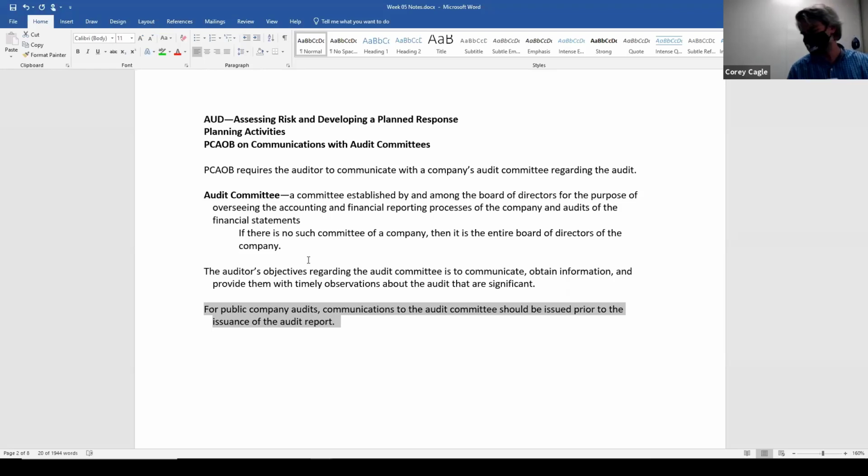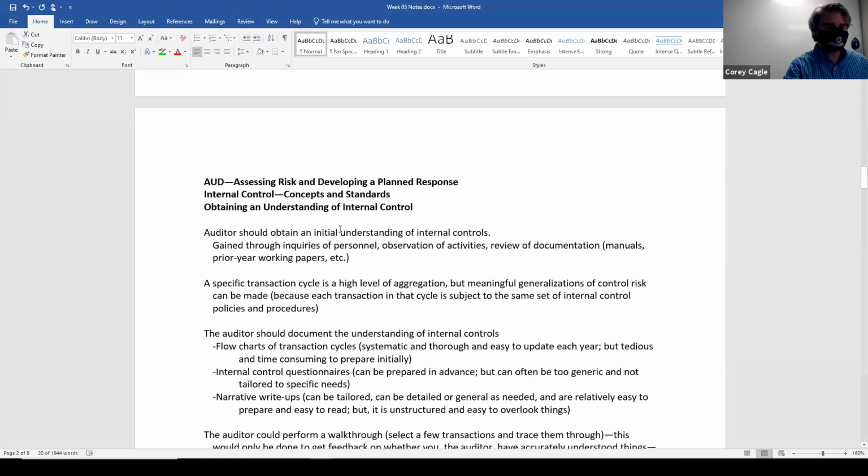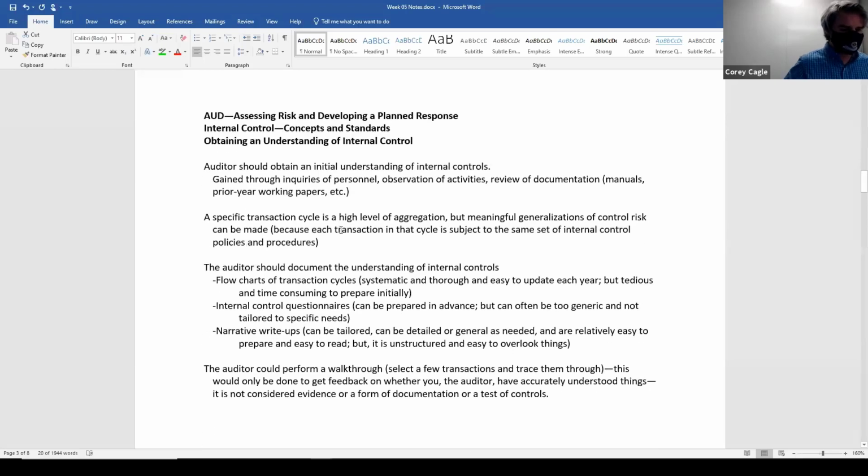Okay. All right. Internal control, next several sections. So we're still talking about planning the audit at this point. So this is all about us understanding internal control. So we want to obtain an understanding of the internal controls that management has in place so we can plan the audit, right?